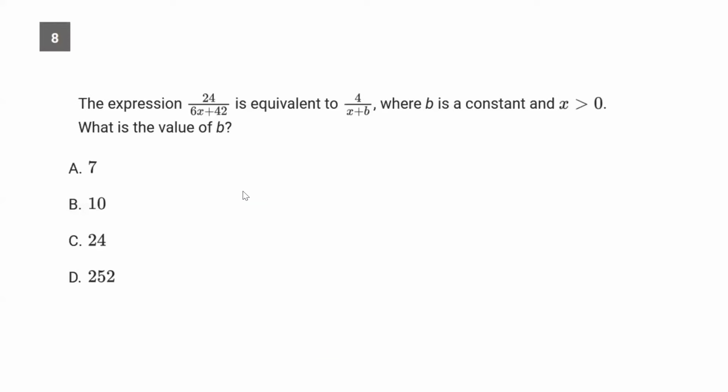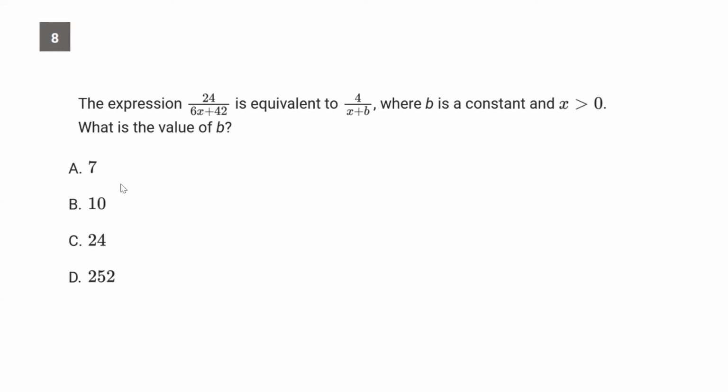Okay, so now we'll go to 8. The expression 24 over 6x plus 42 is equivalent to 4 over 6x plus b, where b is a constant and x is greater than 0. What is the value of b? So this should look familiar to you because we did it in part 2a, was one of the questions there.